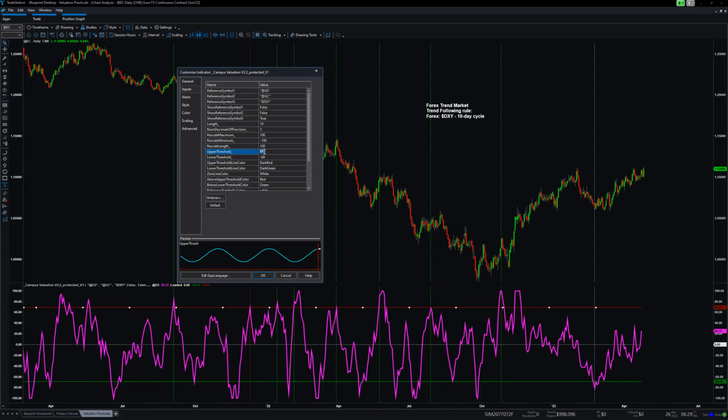We could also be at an extreme on 65 or on minus 65. And so it depends on what you see and what you observe as per your back test. That is then going to allow you to change that right here.